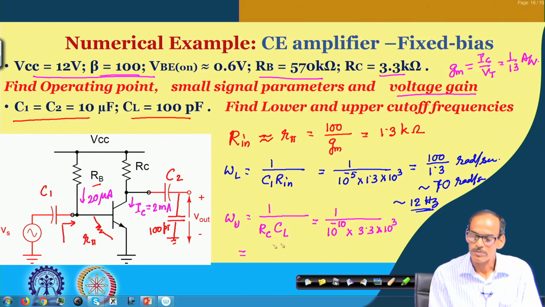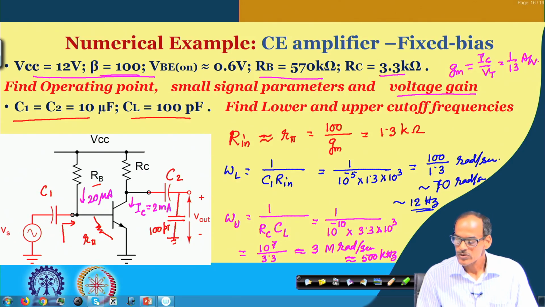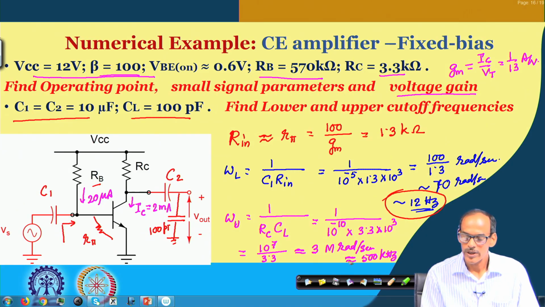So, that is equal to 10 power 7 divided by 3.3. So, that is becoming how much? This is around 3, roughly 3 mega radian per second, and in hertz that is in the order of 500 kilohertz. So, that is what the typical lower and upper cutoff frequency are.